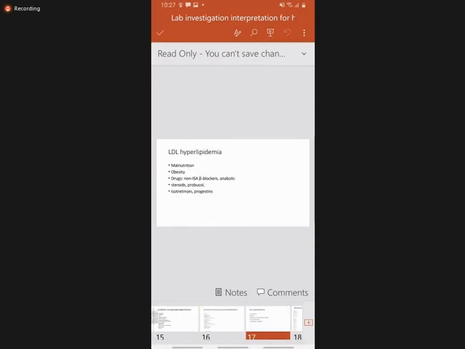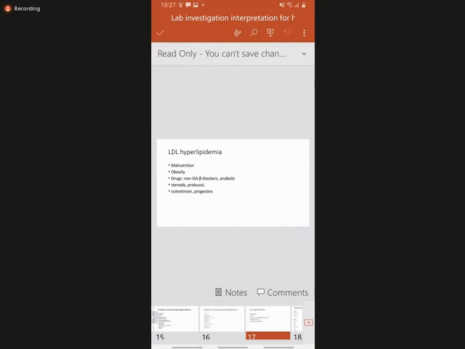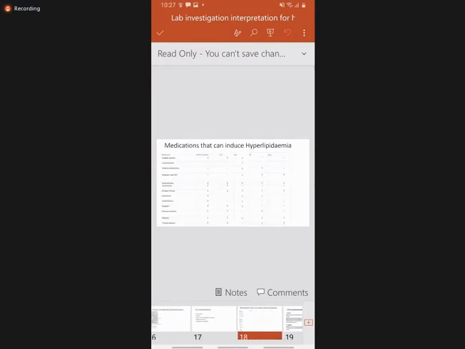LDL hyperlipidemia occurs due to malnutrition, obesity, certain drugs, steroids, probucol, isotretinoin, and progestins. These are the causes of LDL hyperlipidemia. Now here I show you certain drugs that also cause hyperlipidemia, and they specifically increase certain things, like anabolic steroids.